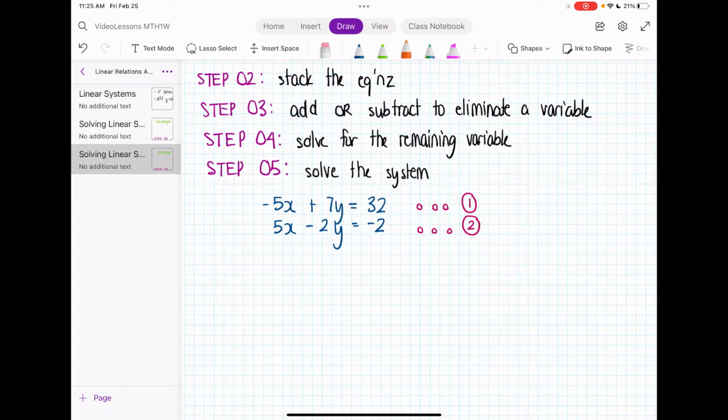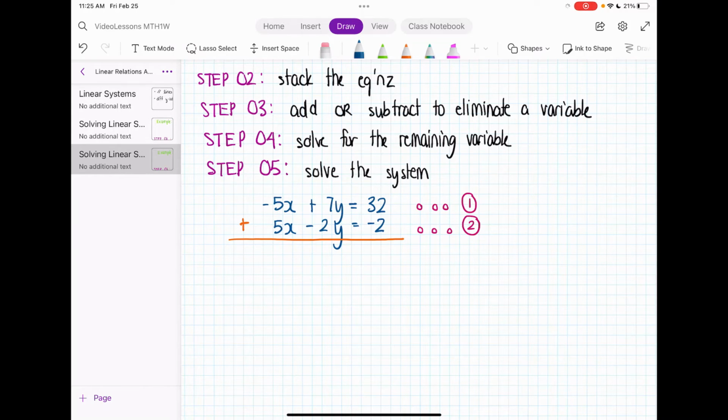So now we have negative 5x plus 7y and we have 5x minus 2y. So the variable that I can eliminate easily is x. And I will eliminate it by adding, because if I say negative 5 and then I add 5, that gives me 0, which allows me to then have 0x, which means my x's are eliminated.